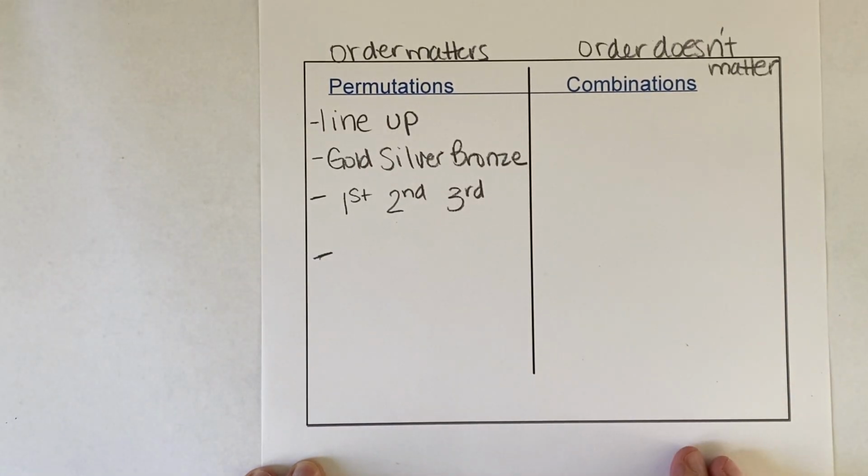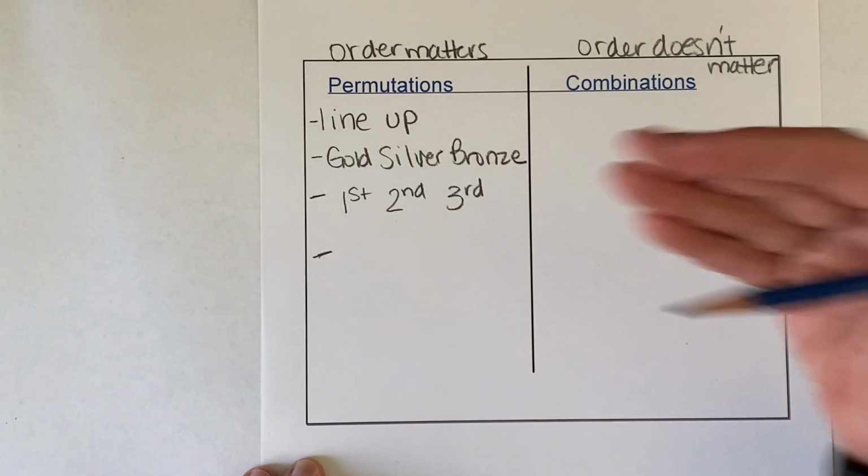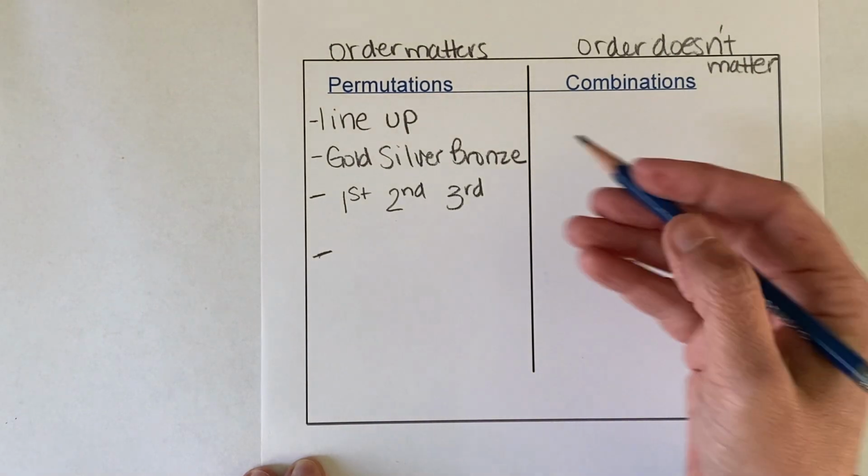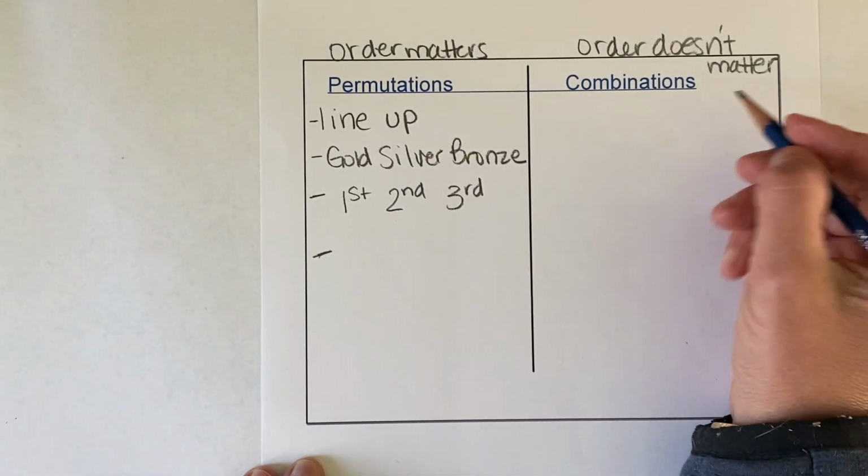I remember when I was in elementary school and kids wanted to be class representatives, the kid that got picked the most votes was the president. The kid that got picked the second most votes was vice president, and the third was the treasurer. Okay, so anything that makes it where you're separated and order matters is a permutation.